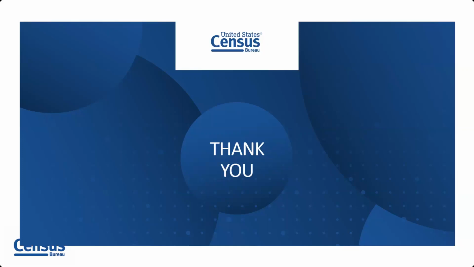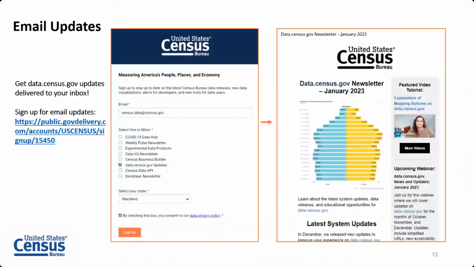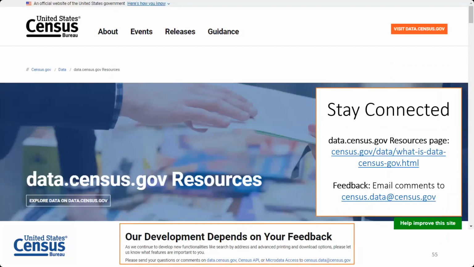I just want to reiterate that this data tool is just for microdata, which are the individual responses. The data.census.gov tool has the aggregated data. So if you have questions about using data.census.gov, feel free to contact us. If you're looking for something in particular to Puerto Rico, we can definitely work with you to find the table.